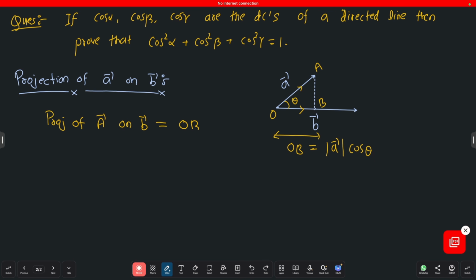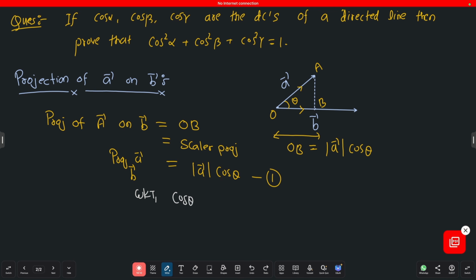OB means scalar projection, because projection is of two types. One is scalar projection and one is vector projection. Scalar projection means only magnitude. Scalar projection will be mod A cos theta. Note this, projection of A vector on B vector.